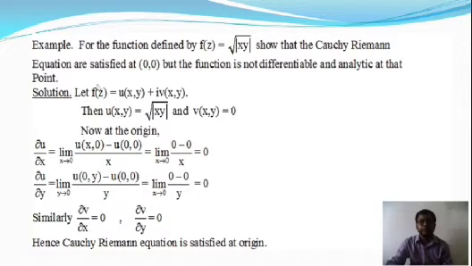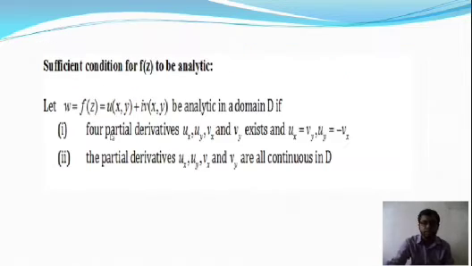Okay, so let's start. We are going to check whether f of z satisfies the Cauchy-Riemann equation. What is the Cauchy-Riemann equation? I have mentioned it in the previous slide. It is: ux is equal to vy and uy is equal to minus vx.